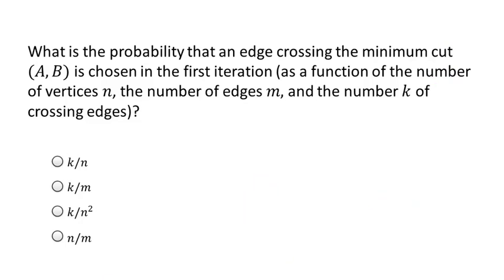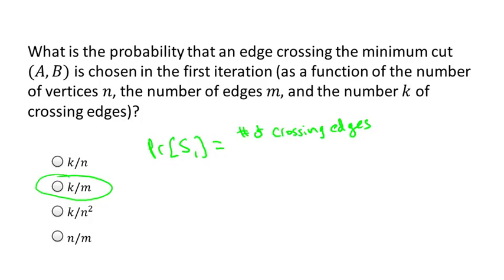So the answer to this quiz is the second option. The probability is k over m, where k is the number of edges crossing the cut A, B, and m is the total number of edges. That's just because the probability of S_1, the probability that we screw up, is just the number of crossing edges, that's the number of outcomes which are bad, which trigger S_1, divided by the number of edges.